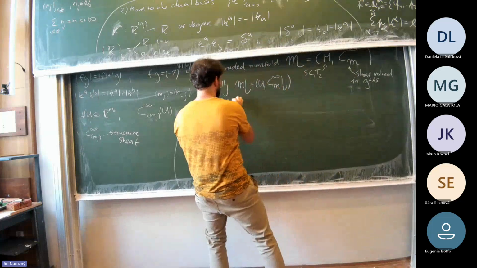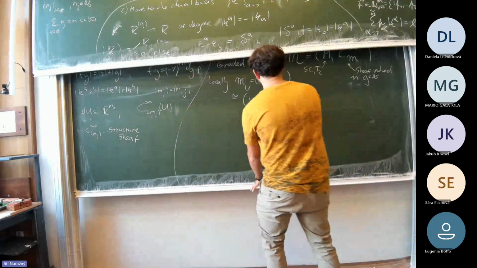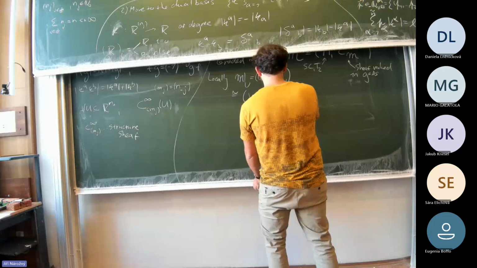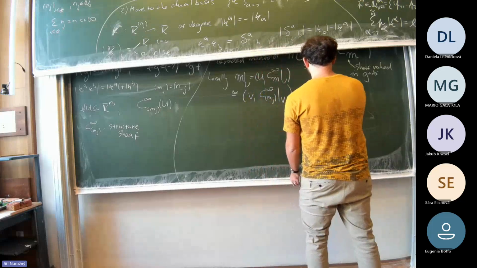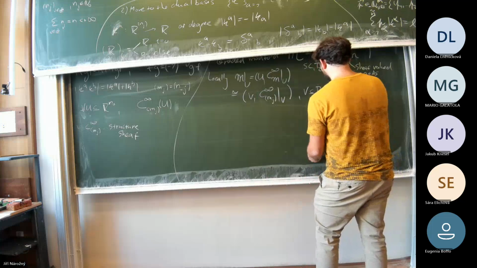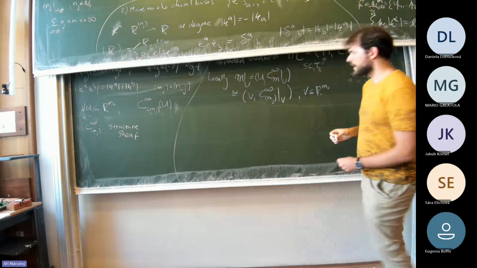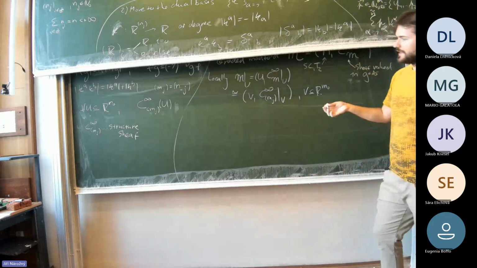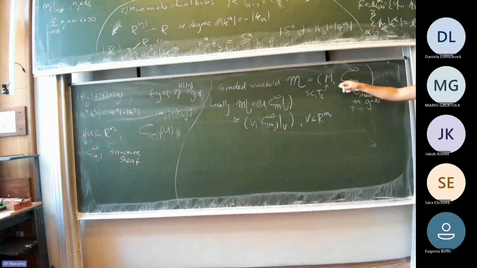You want this to look exactly like some open subset of Rn with C infinity functions, restricted to V, where V is an open subset of R^M0. Yes, so the structure sheaf on M locally, and there needs to be an open cover such that this holds. Locally, it looks like these functions.